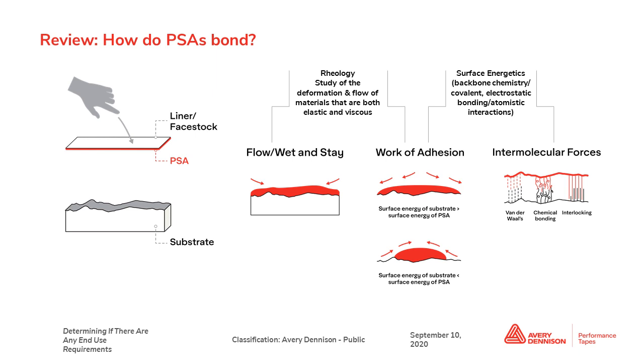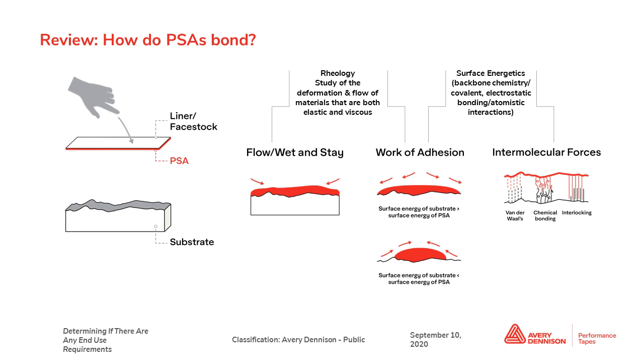The other main property for why PSAs bond is surface energetics. These are the intermolecular forces between the actual surface of an adhesive and the surface of the substrate. That would include things like van der Waals attraction, chemical bonding, electrostatics, interlocking, and you can imagine how that would work with the rheology.